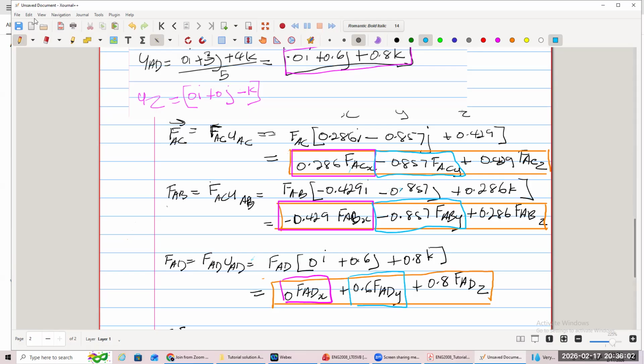And similarly for your Z, for each line, here you go, one, and then for here, and then similarly down here.